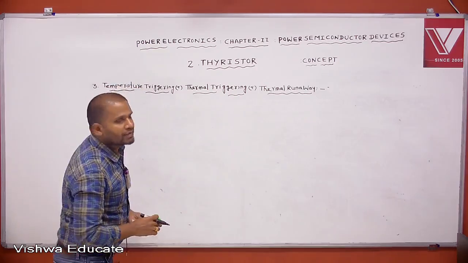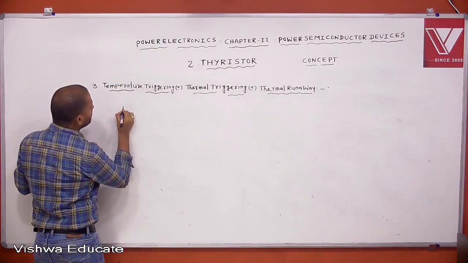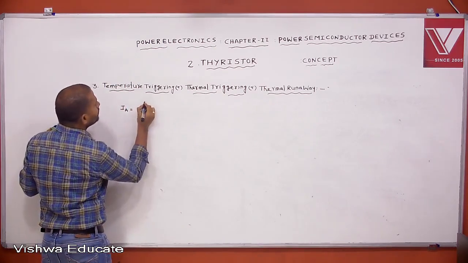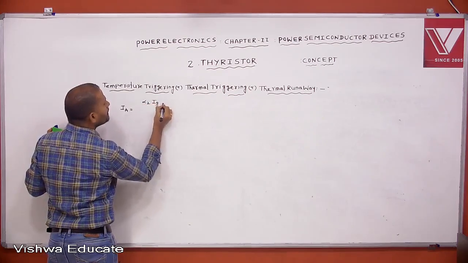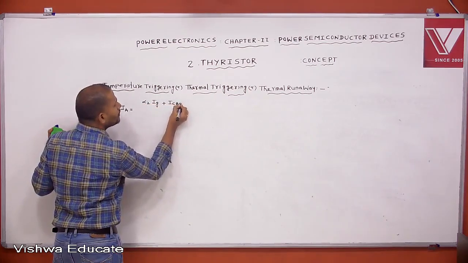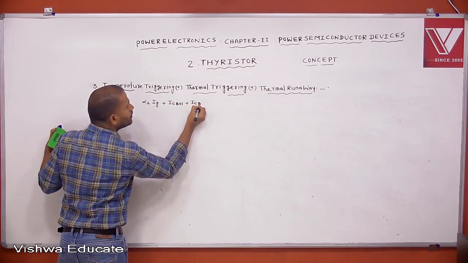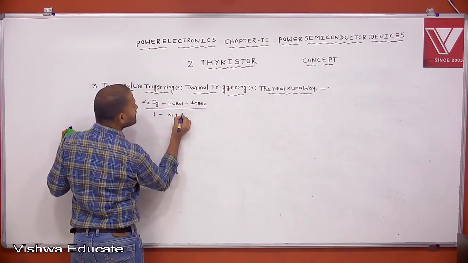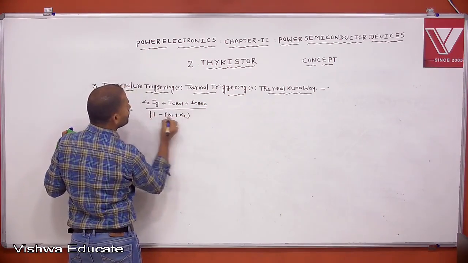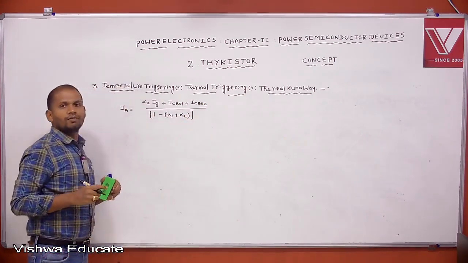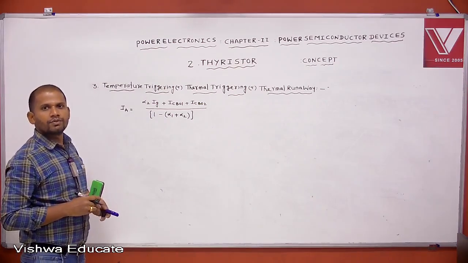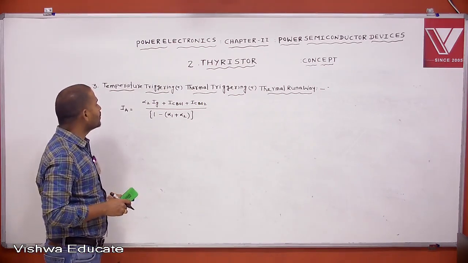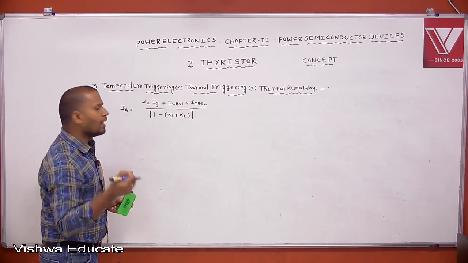Basic equation of two transistor analysis. We know that IA, the anode current, equals (alpha 2 IG plus ICBO1 plus ICBO2) divided by (1 minus (alpha 1 plus alpha 2)).